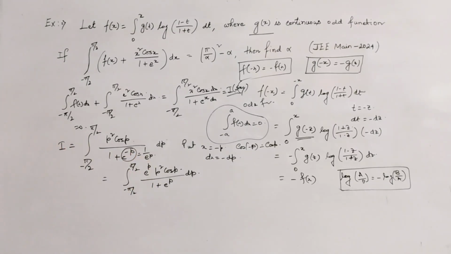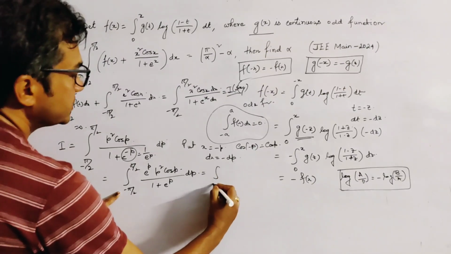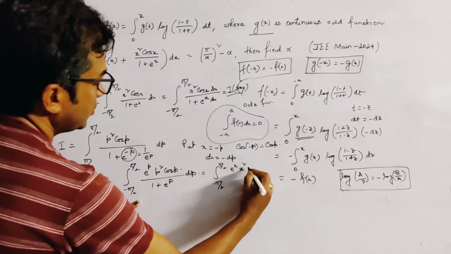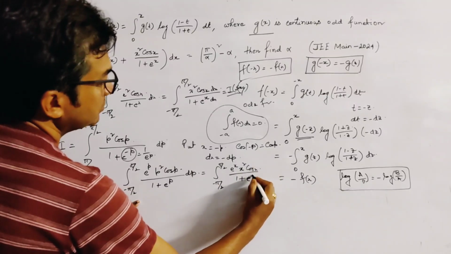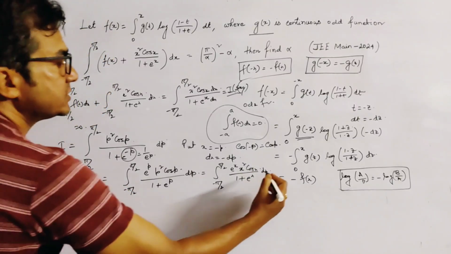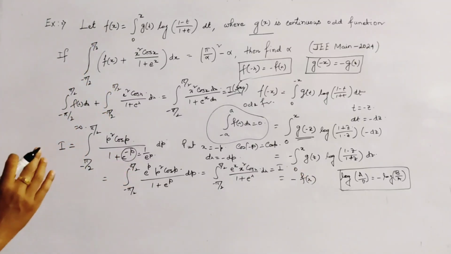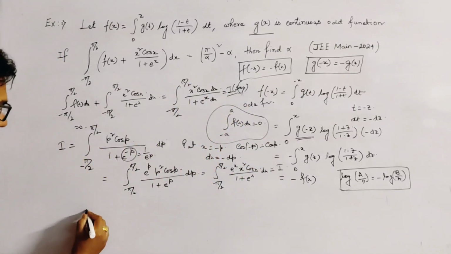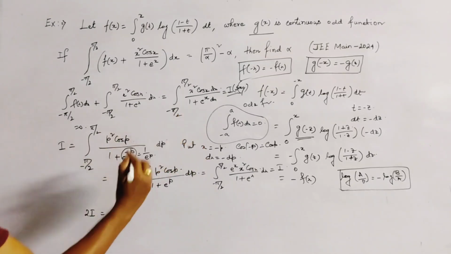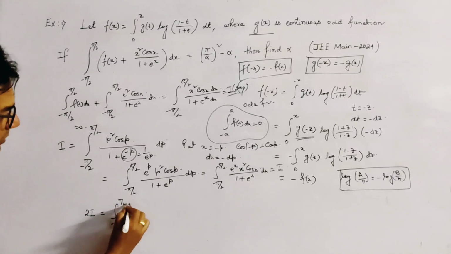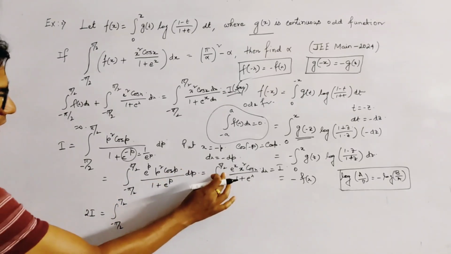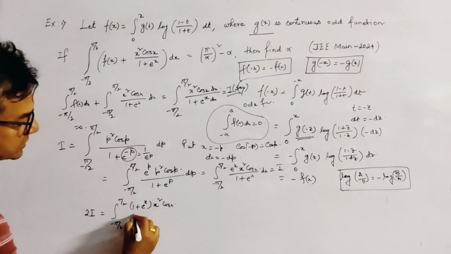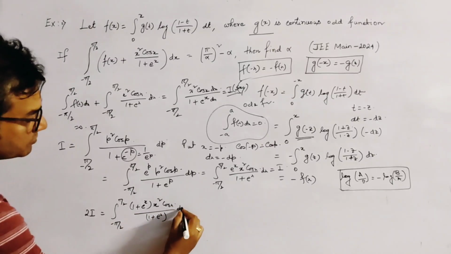We write directly: this can also be written as integration minus pi by 2 to pi by 2 of e to the power x into x square cos x by 1 plus e to the power x dx, and this is also I. Now we add this I and this I, 2I added together, and we get 2I equal to integration minus pi by 2 to pi by 2, and adding these two results, (1 plus e to the power x) into x square cos x by 1 plus e to the power x dx.